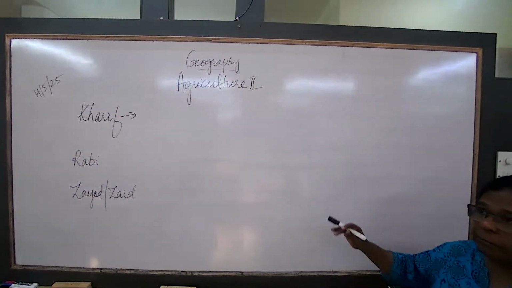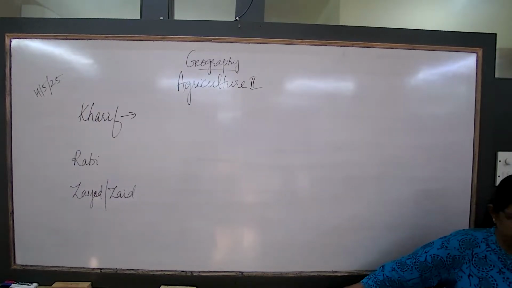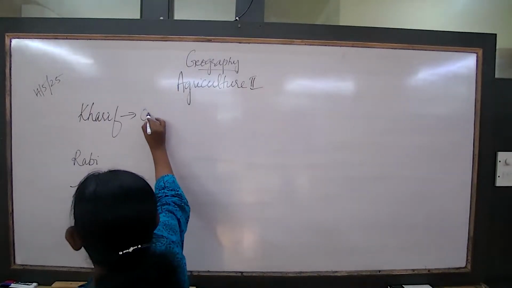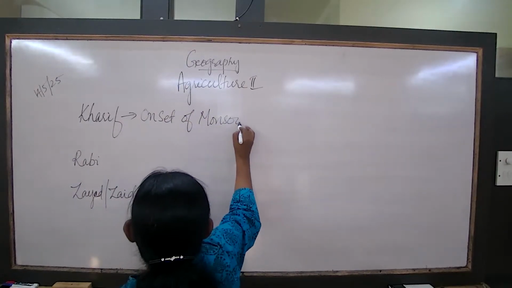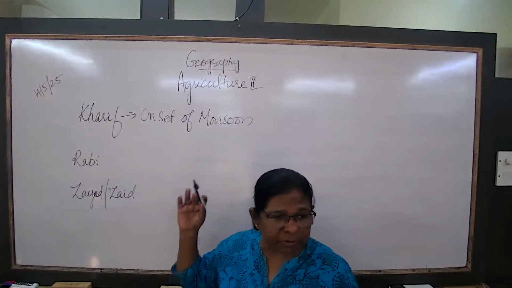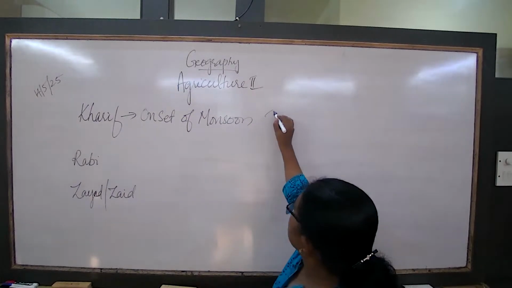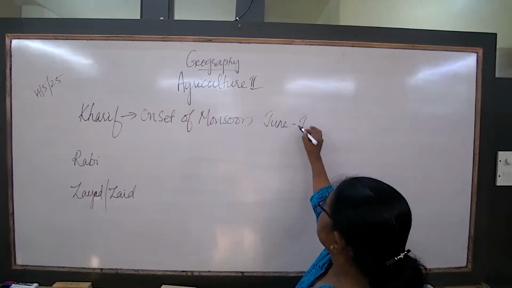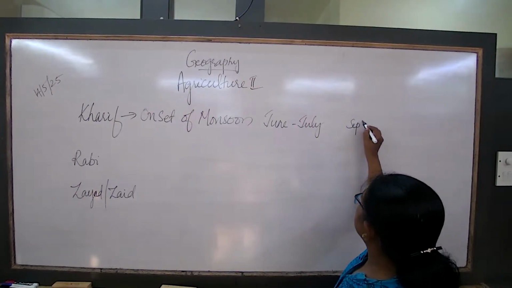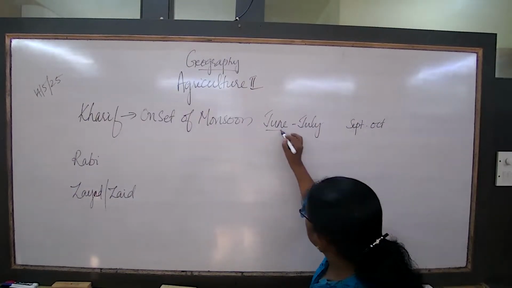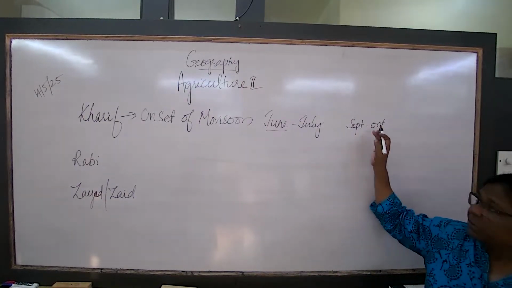Now, what is the cropping season of Kharif? The Kharif season starts with the onset of monsoon. That means it starts with June, July, and harvesting is done in September, October. If sowing is done in June, harvesting will be in September; if July, then October.